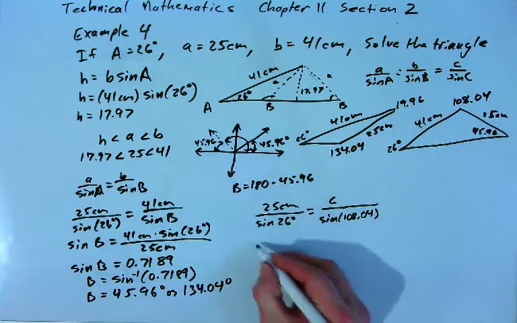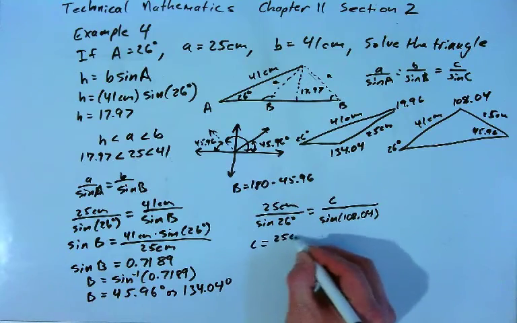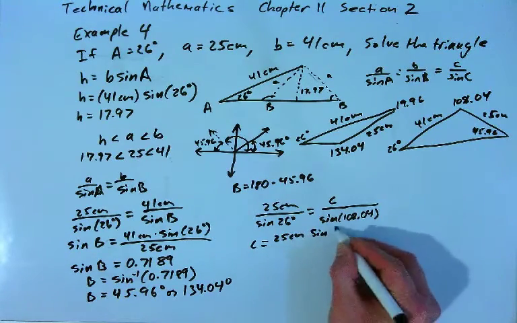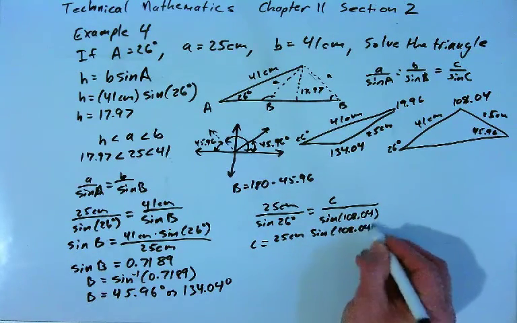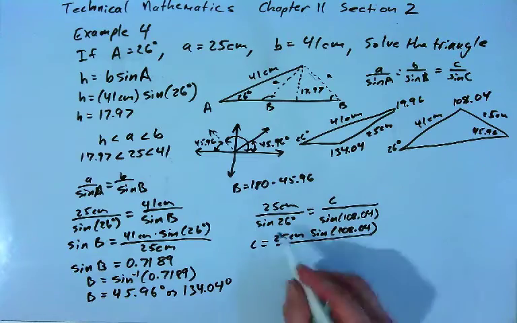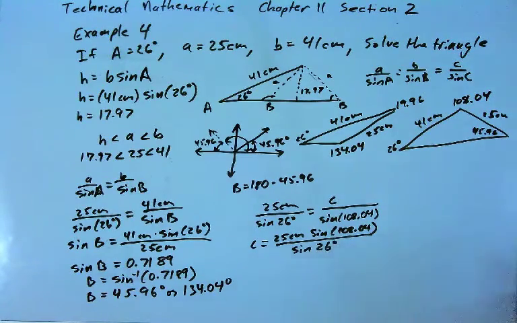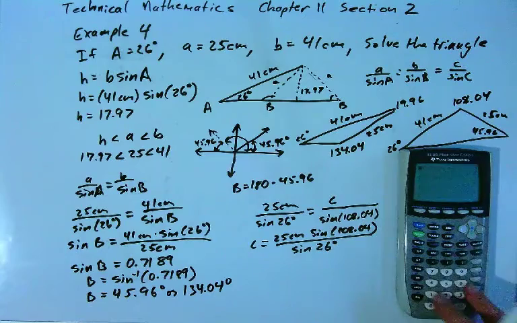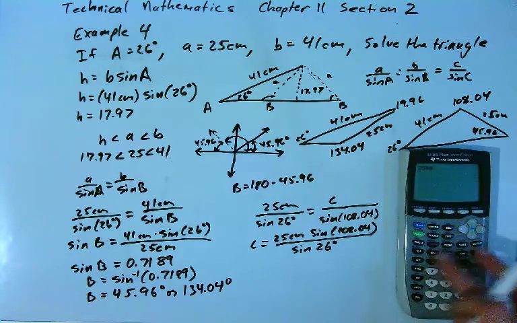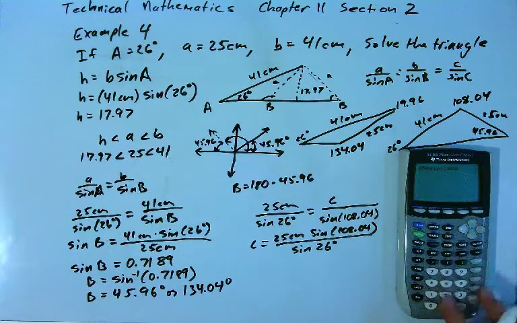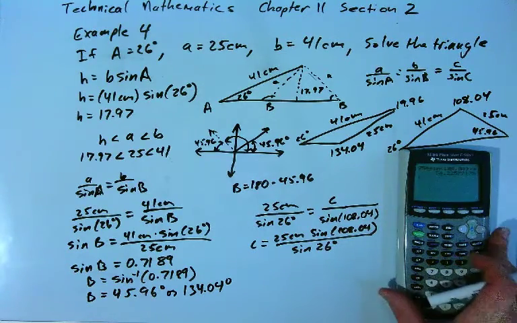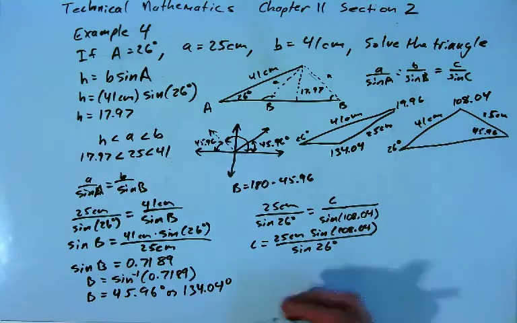Multiply both sides by sine of 108.04, and c will be equal to 25 centimeters times the sine of 108.04 divided by the sine of 26 degrees. So we'll type this into the calculator. We have 25 times the sine of 108.04, close parentheses, divided by the sine of 26, close parentheses. You get 54.23.